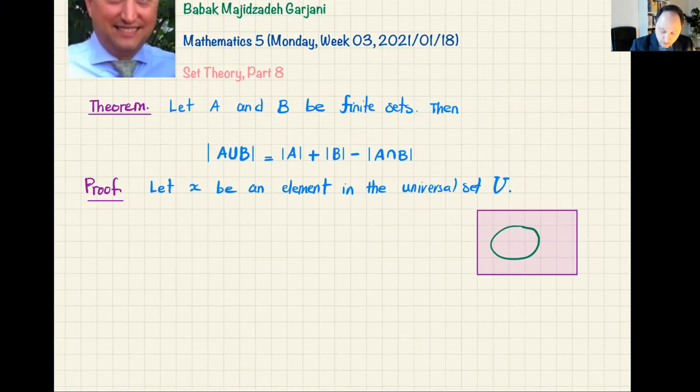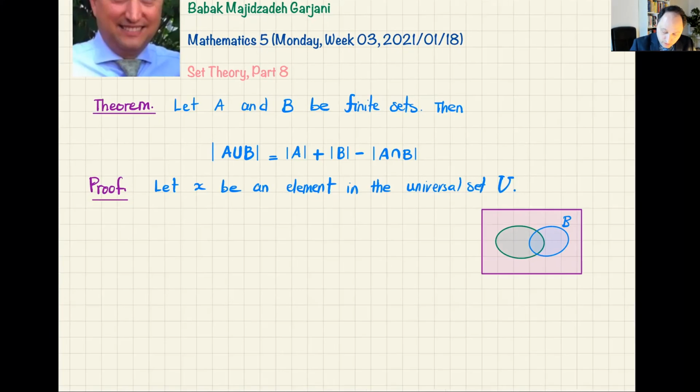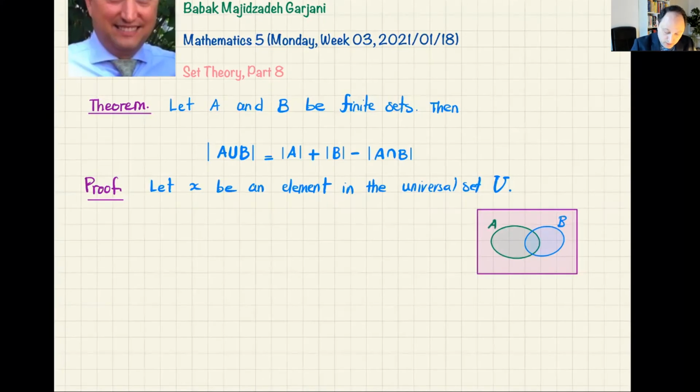Assume that this is my A and this is my B. When I say that I have an element in the universal set, this X might be here, might be here, might be here, or might be here. There are 4 regions, different regions with different borders here. And these are the 4 possibilities, yes?